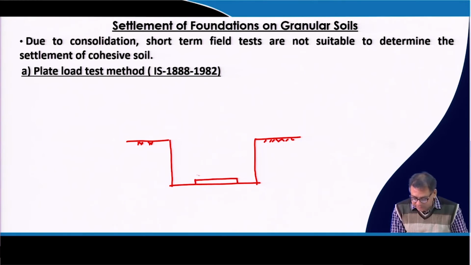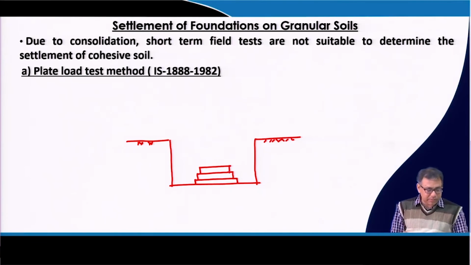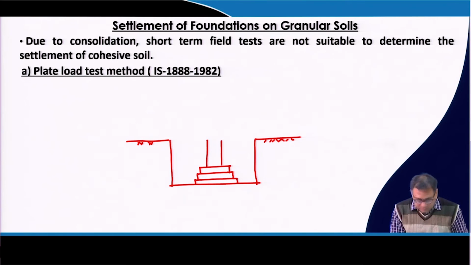Then we will place this stack plate, because these will help us to give the load on the plate. So this is your hydraulic jack, and through this hydraulic jack we will apply the pressure, and we will use the reaction frame also.